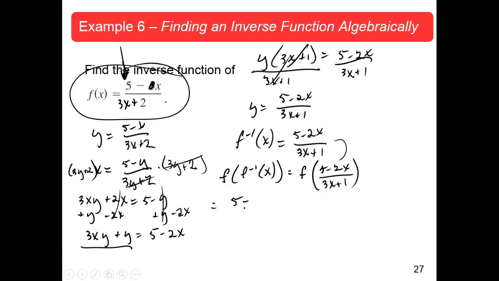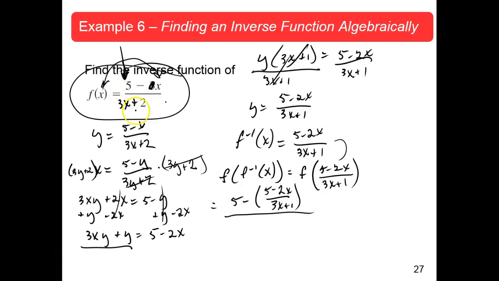Minus whatever is inside the parentheses. Here's what's inside those parentheses, so what does that become? 5 minus 2x over 3x plus 1. Okay? Then you do what?